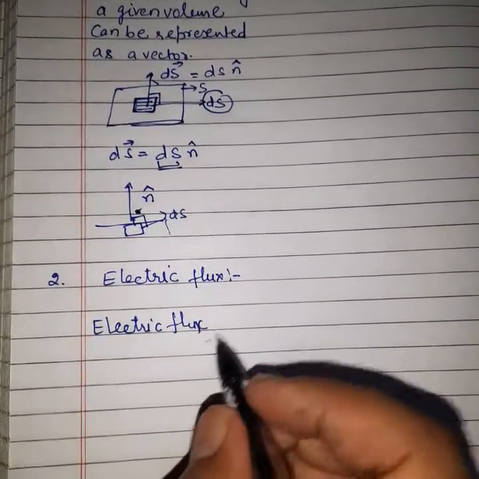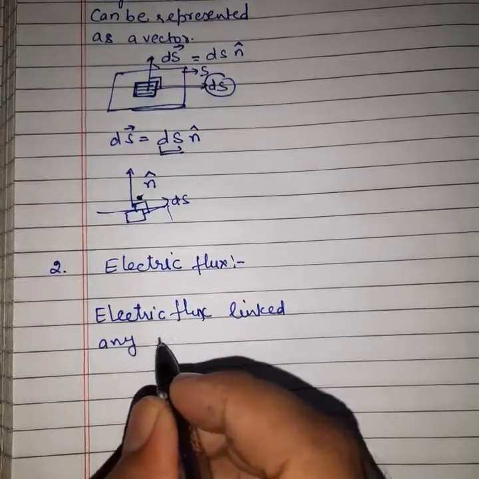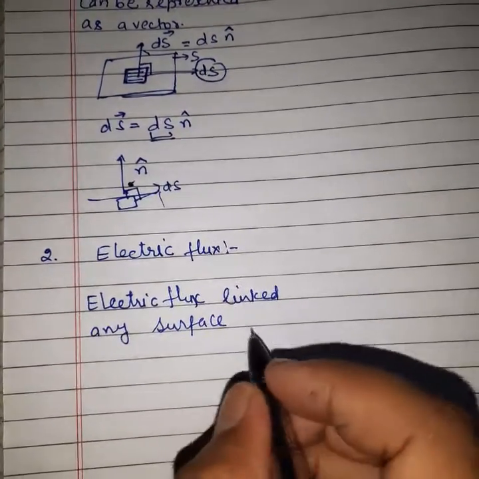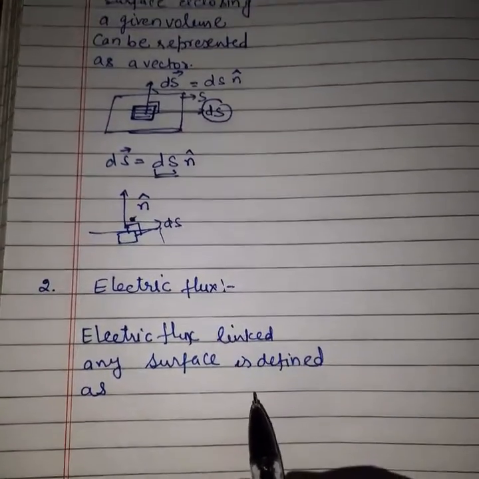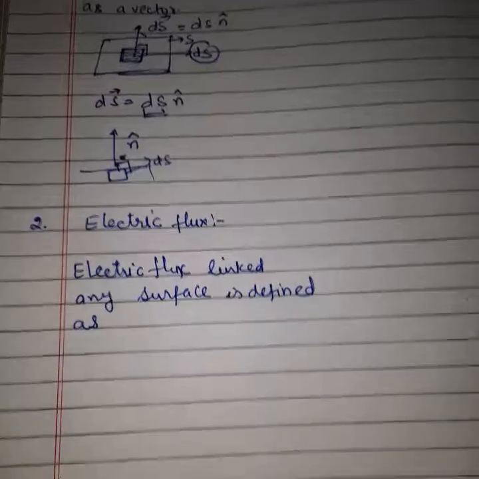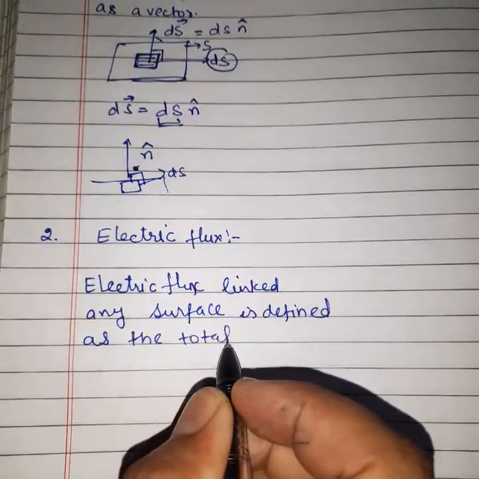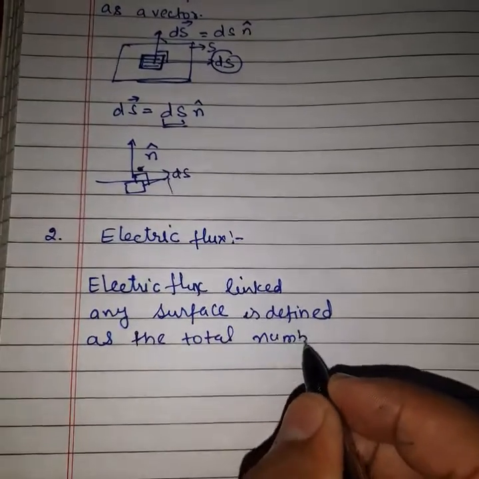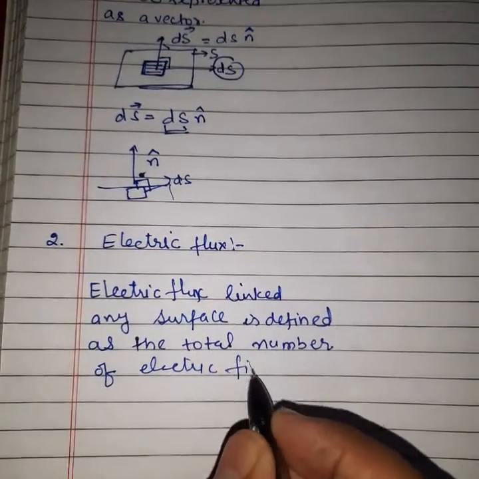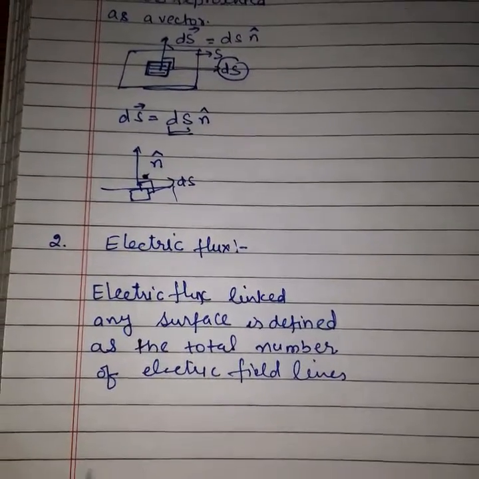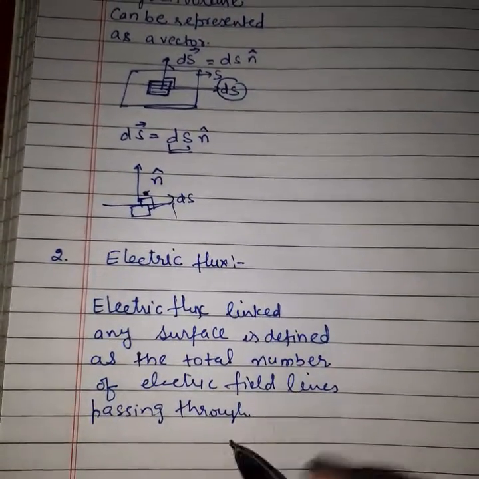Electric flux linked with any surface is defined as the total number of electric field lines passing through that surface.